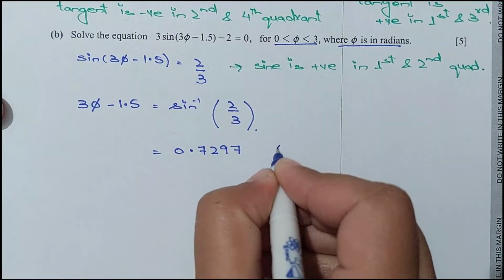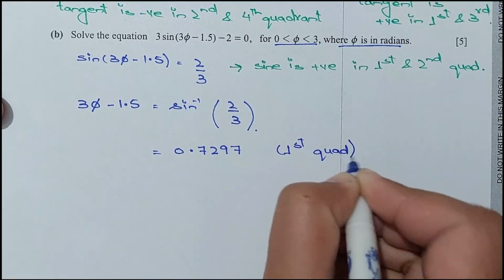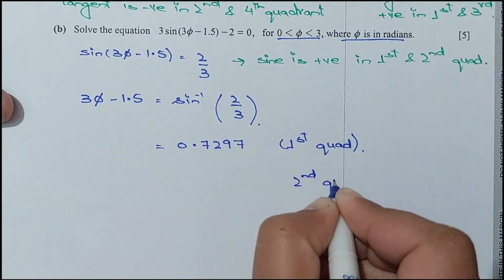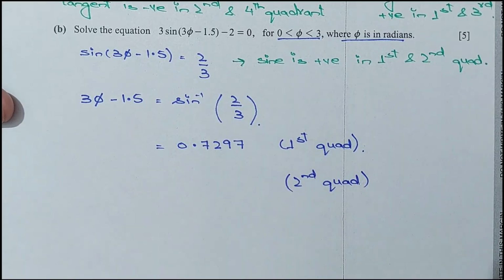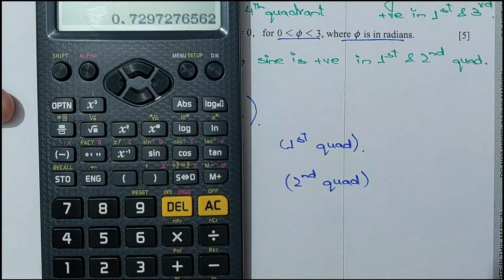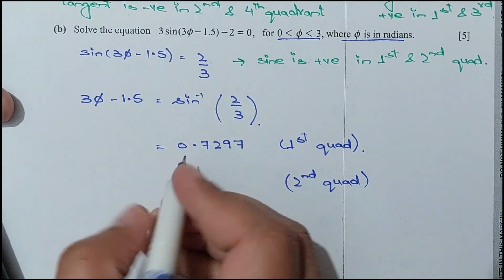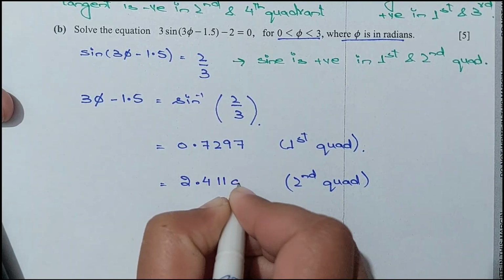And this is the value for the first quadrant, and sine is also positive in the second quadrant as well. So for the second quadrant the operation is pi minus this value. So pi minus the answer is 2.4118.